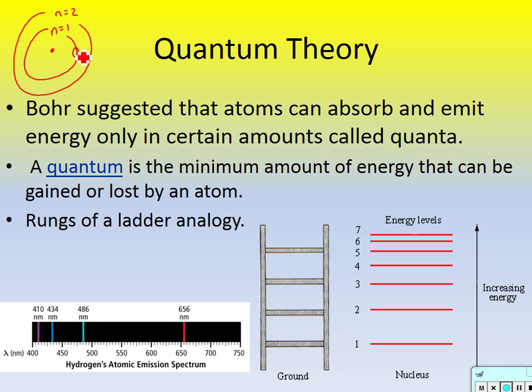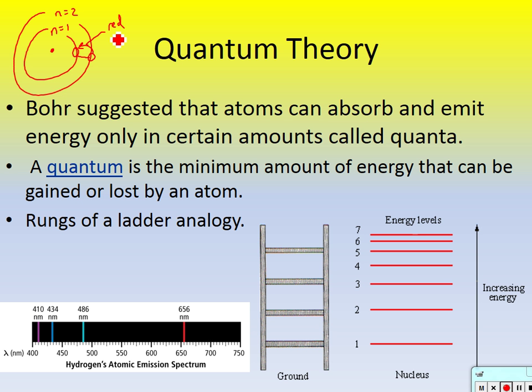So what Bohr was saying is that atoms can only absorb or emit energy in certain amounts. So the difference from energy level 1 to 2 is a quantifiable specific amount of energy. And you have to give it that much energy for the electron to get up to the second energy level. And then as it falls, it gives off a light with that much energy.